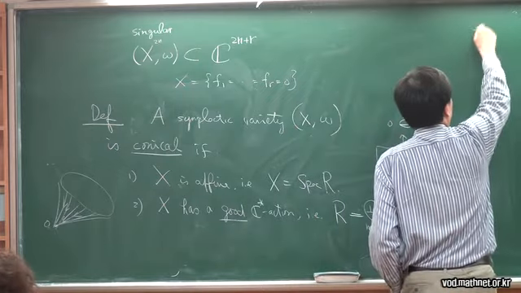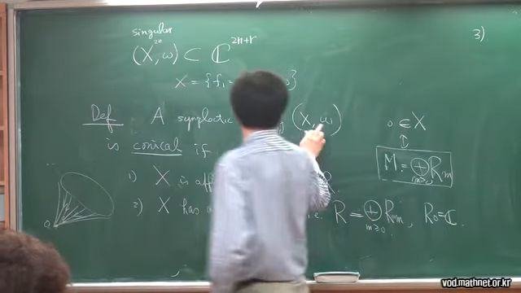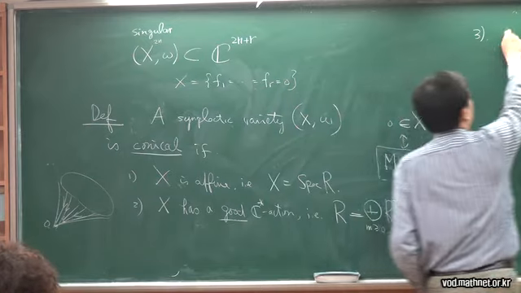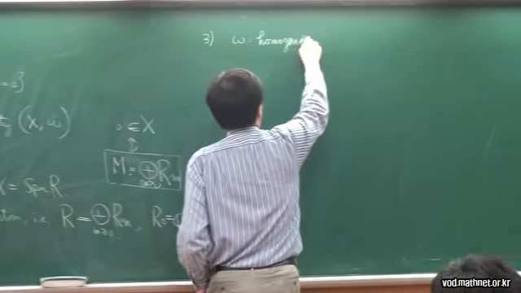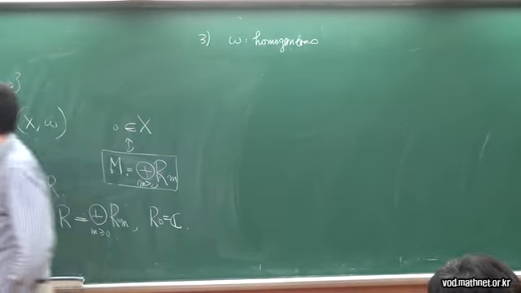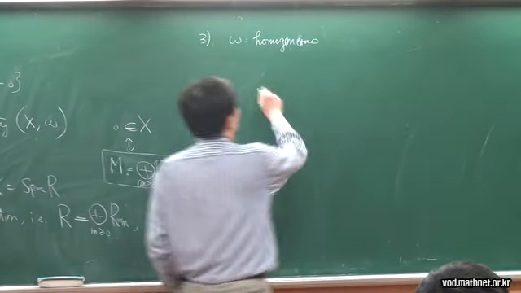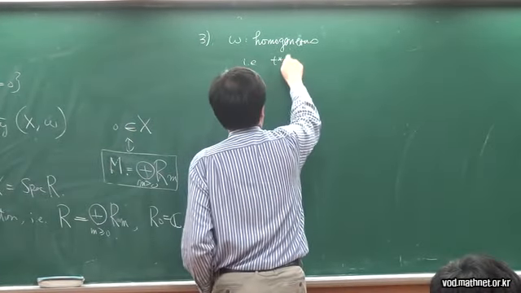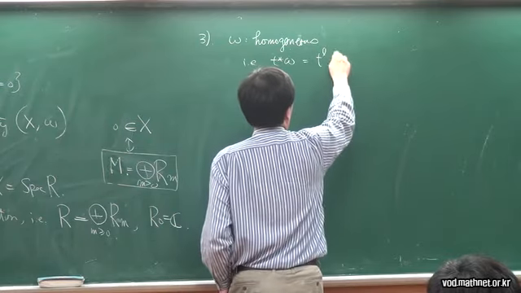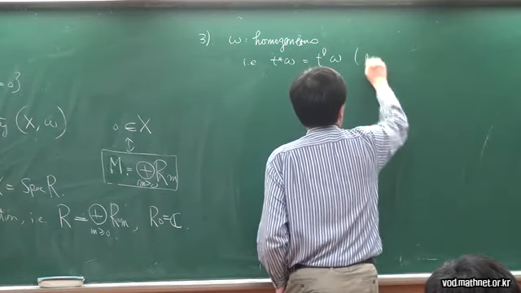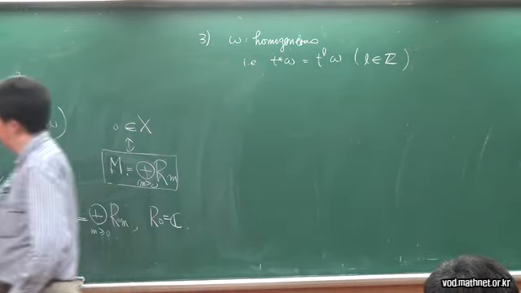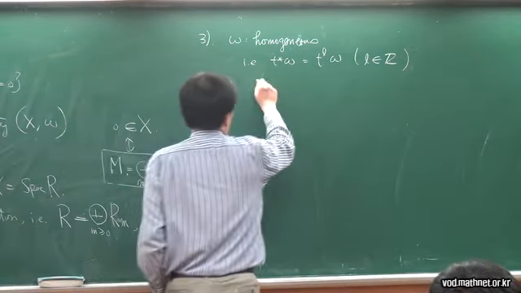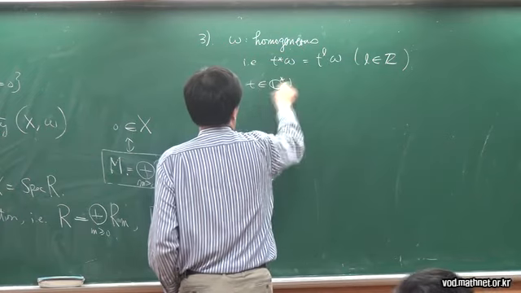The third assumption is that this omega is also homogeneous with respect to this C-star action. That means t star omega is t to the l times omega for some integer l, where t is in C star.